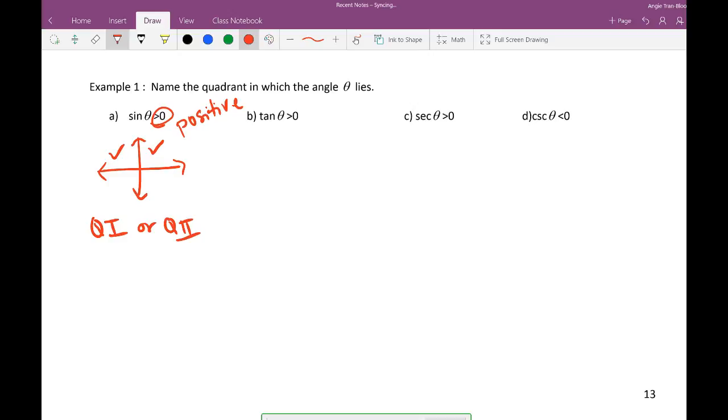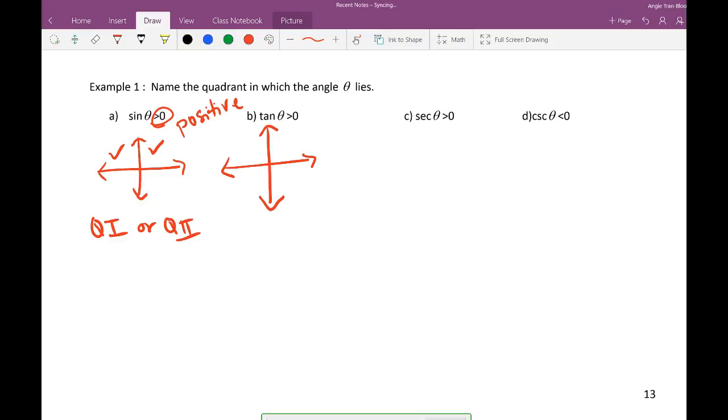How about B? Give me the quadrant or quadrants when tan of theta is greater than 0. So Shane, greater than 0, is that positive or negative? Positive. Yeah. So when do you think, class, what quadrant is tangent positive in? 1 and 3.